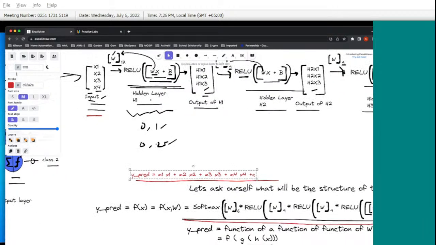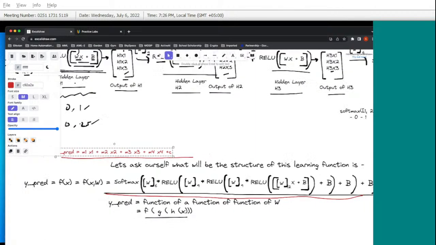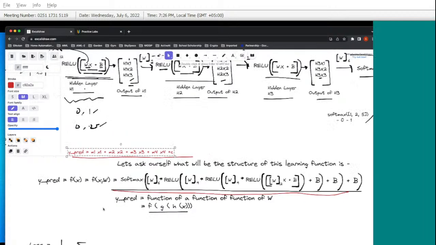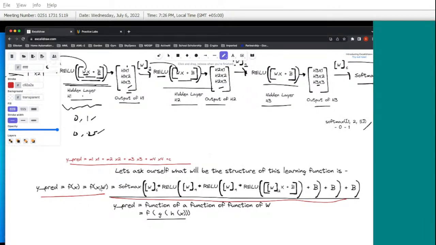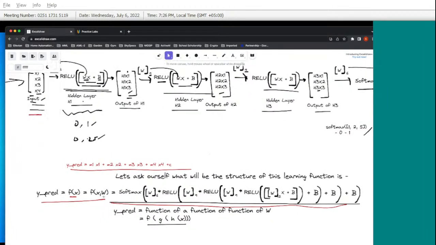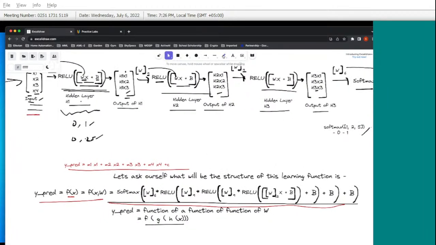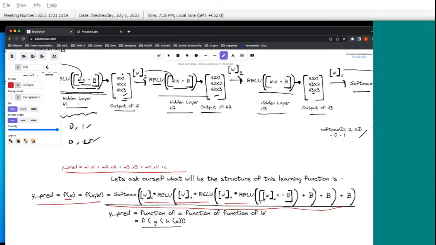So now if you look at the function's form, what will be the structure of the function form? Y_pred, we can also call it f of x, or f of x given w, a function of x given my weights. It is a function of softmax, then another function, then another function, then another function.